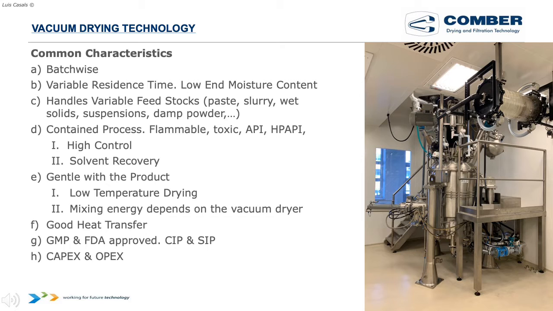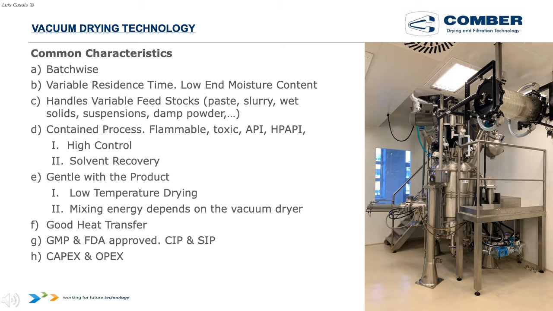The time we leave the solid inside the dryer is variable. Because of this, we can achieve a really low end moisture content. Also because of this, it's possible to manage many different products. We can dry a paste, a slurry, wet solids, even suspensions, why not?